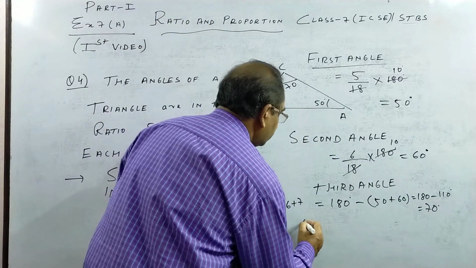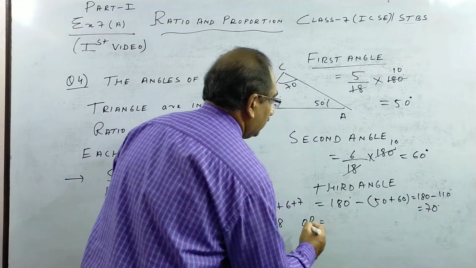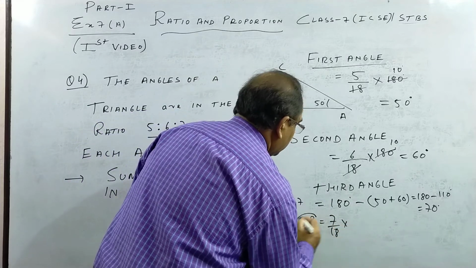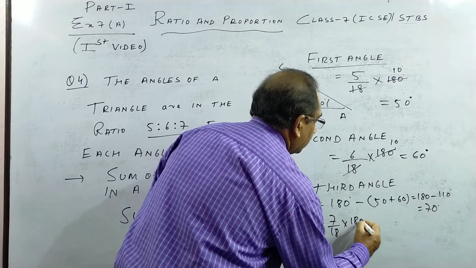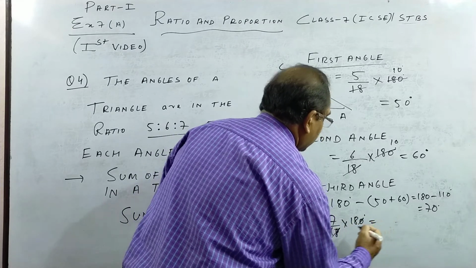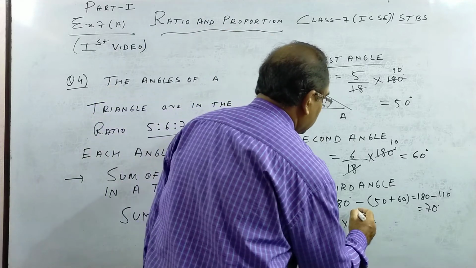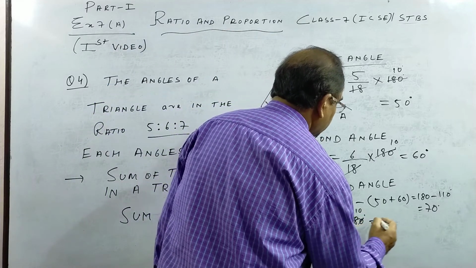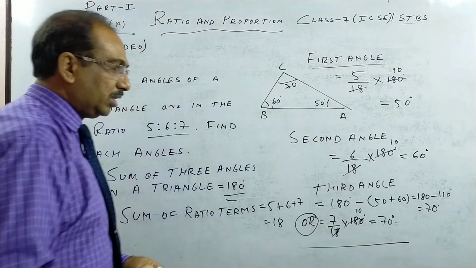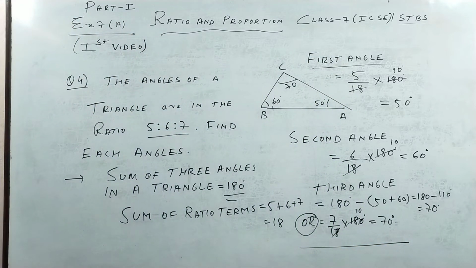Or what you can do, as I did, 7 out of 18 into 180. The 0 will cancel, and you will get 70 degrees. Any method you do, children, you will get the third angle as 70 degrees.